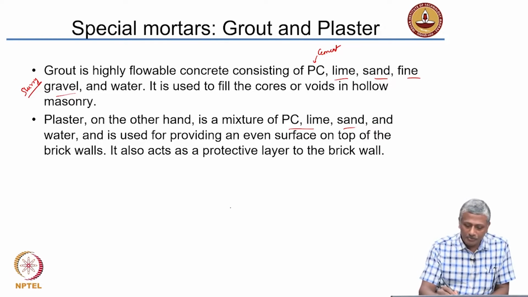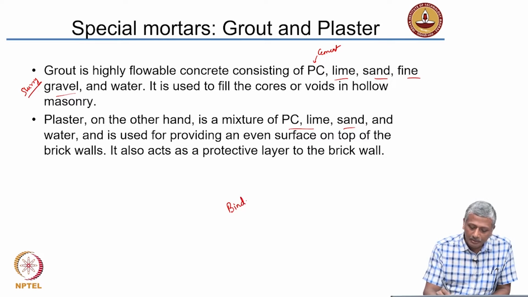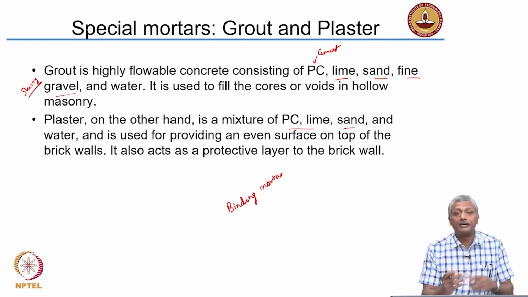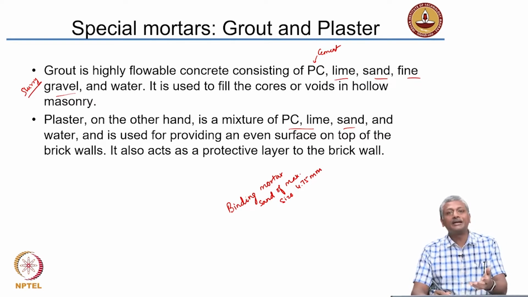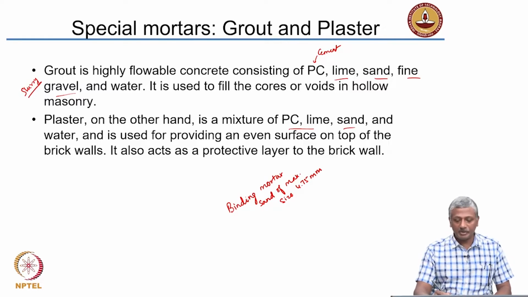For most binding applications, in binding mortars, that means the mortars that are used to bind the blocks together, you typically use a sand of maximum size 4.75 millimeters. When we talk about concrete, you will learn that fine aggregate or sand typically has size less than 4.75 millimeters.